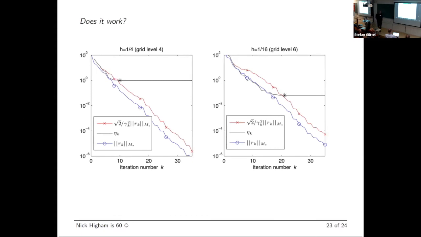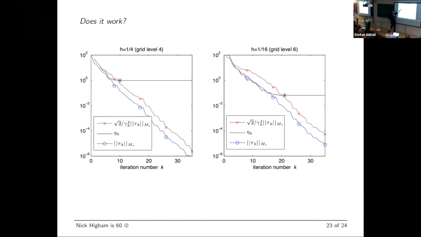Here's just, this is like a coarse grid. So this one here, this is MINRES converging in the right norm. This is my estimate of the energy norm, which is just multiplied by the inverse of the inf-sup constant, which is about 0.2 for this domain. It's a square domain. So these will eventually become parallel because I'm going to converge to this value.